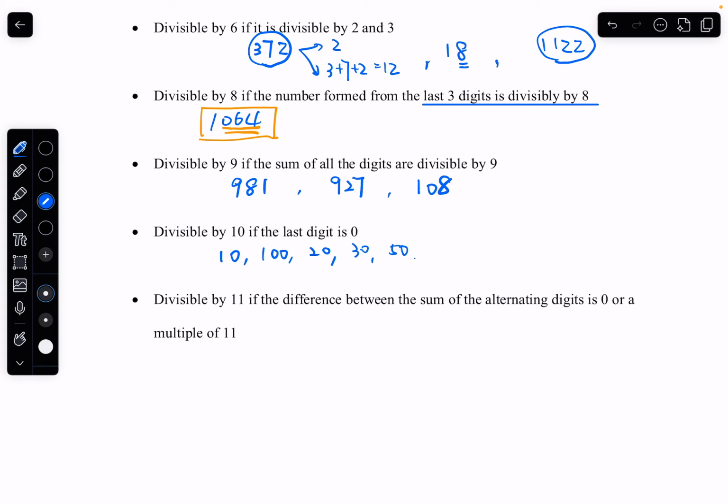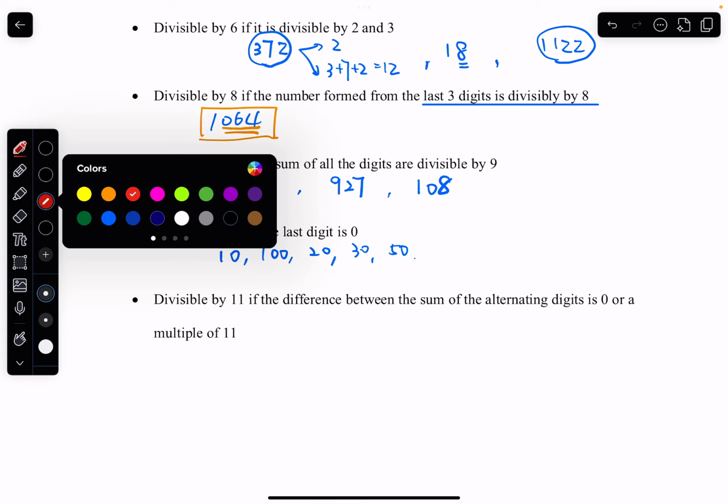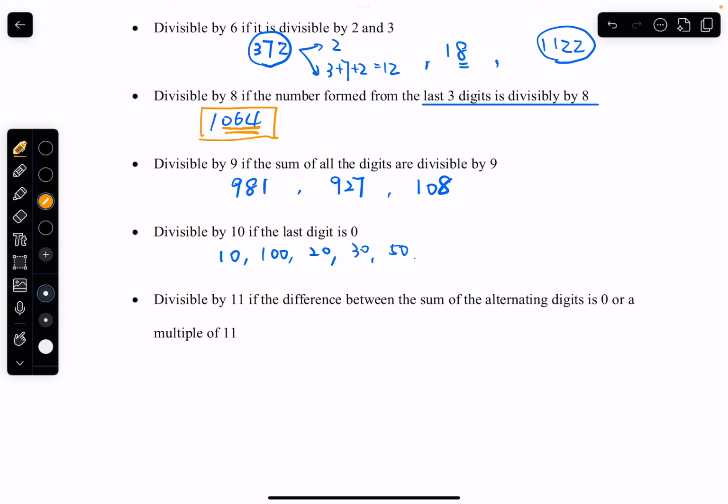The last one, the most important and more difficult, which we need to explain, is how to tell if a number is divisible by 11. If the difference between the sums of the alternating digits is 0 or a multiple of 11.